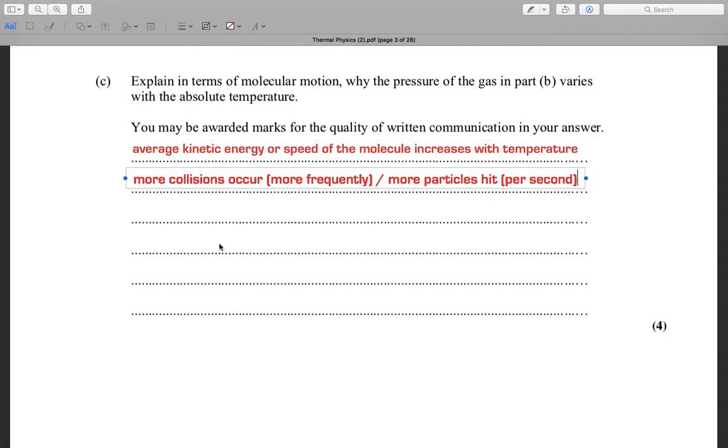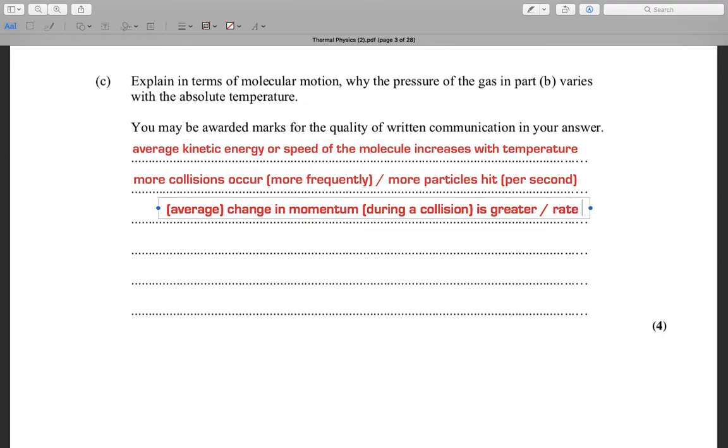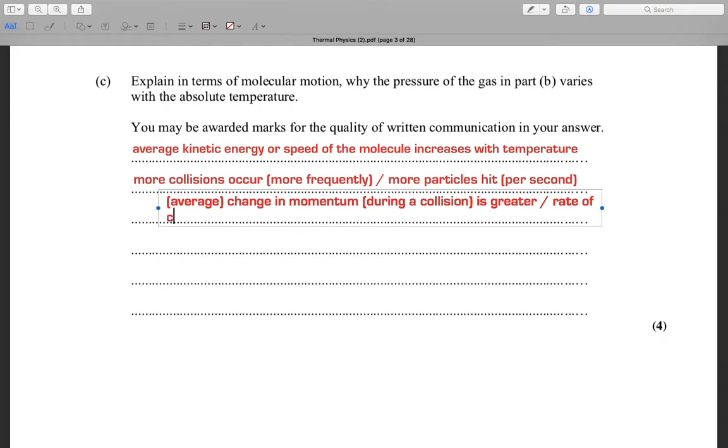Okay, let's say the other condition is about the average change in momentum during a collision is greater, or the rate of change of momentum is greater.